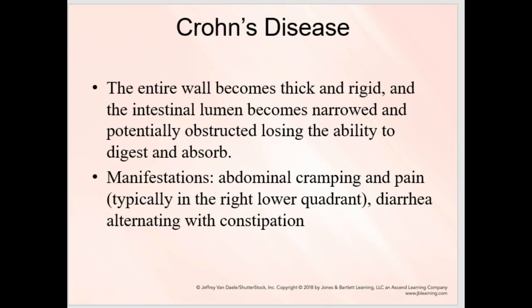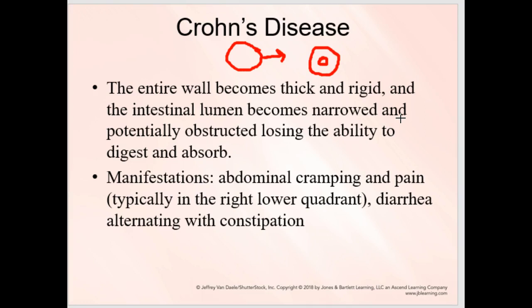When that happens, if you could imagine, if this were a normal colon or ileum, if it were to become inflamed from Crohn's disease, that same size tube now has a thicker wall, which will decrease the space of the lumen, or the opening through which feces can pass.